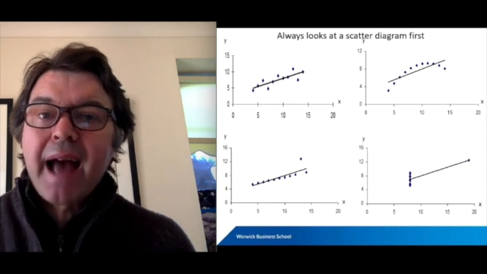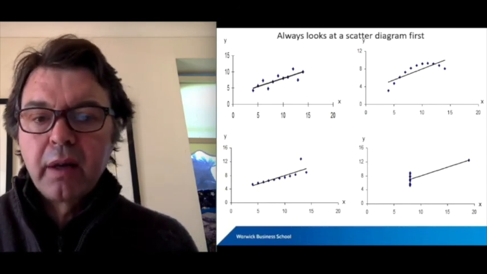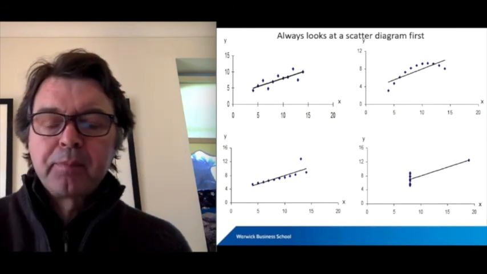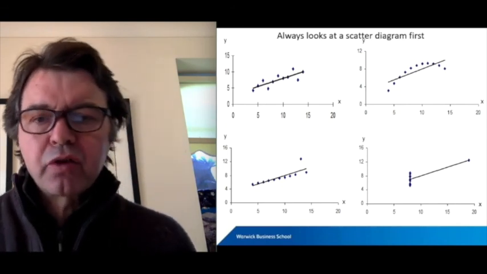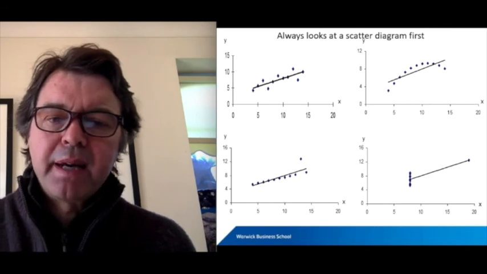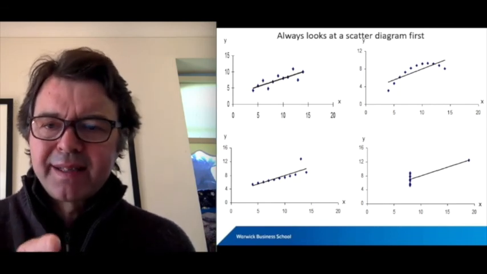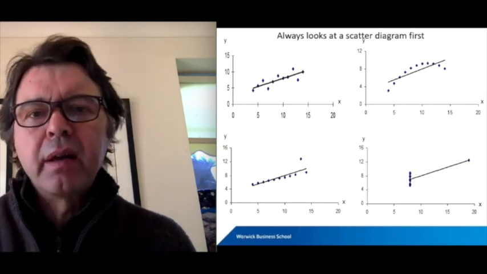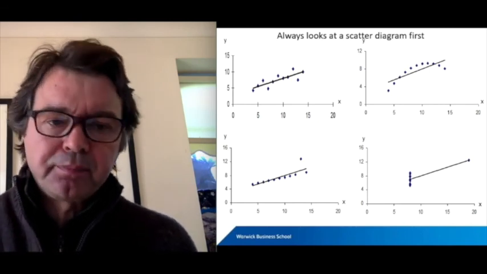It looks like an outlier, as we often call it. That outlier is pulling the model up a bit. If we saw something like that, we would immediately go, hang on a minute, I need to see what's going on with this data, and I would want to look at that data point to find out if it was an error.